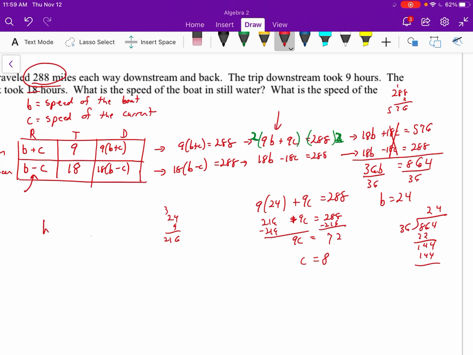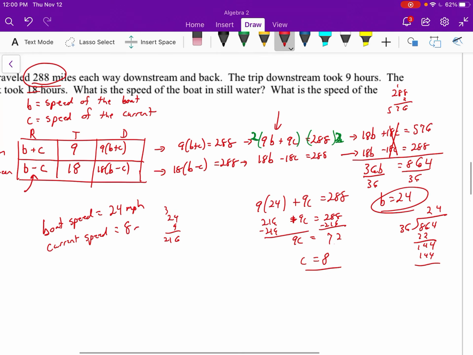So the speed of the boat was 24 miles per hour, and the speed of the current was 8 miles an hour. And that's how you do those questions there.